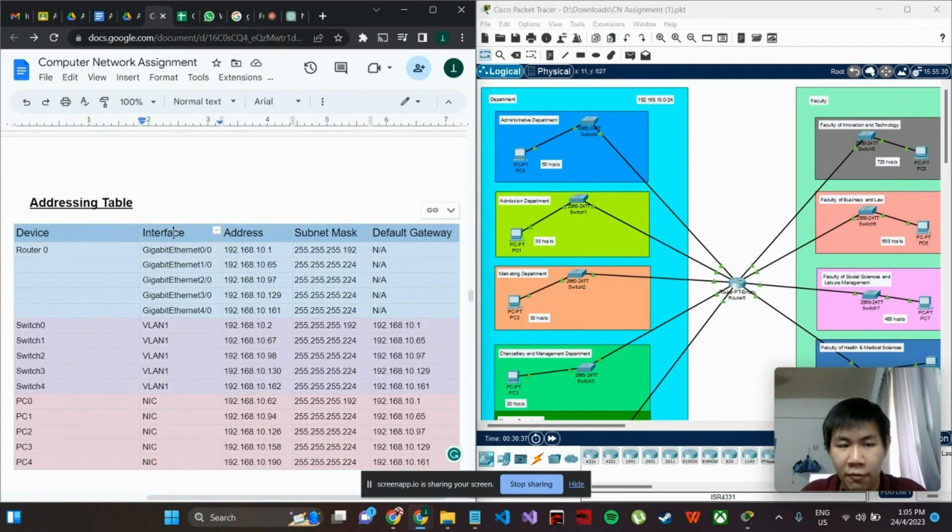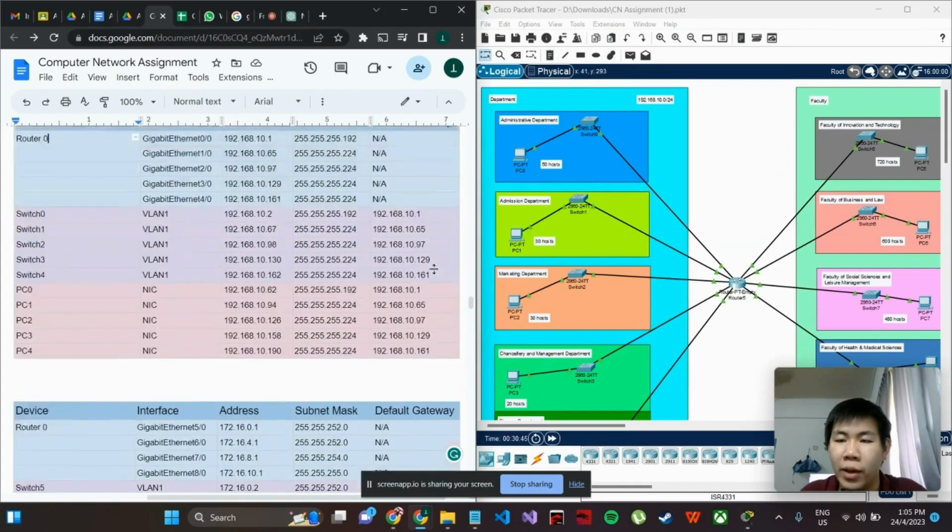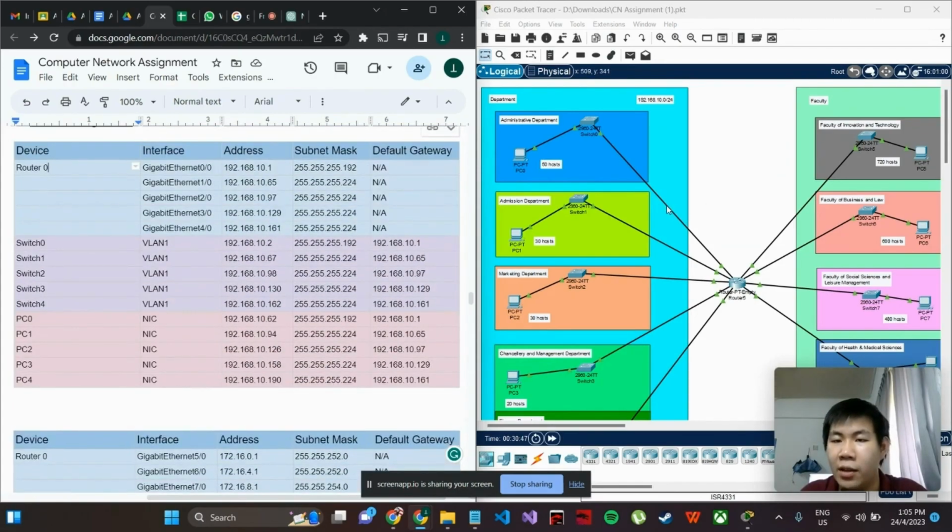Then we have the interface. For the router, we have the gigabit ethernet 0/0, 1, 2, 3, 4 until 8, which is this line connecting the router and the switch. For the switch, we will use VLAN 1, or the same to connect to the PC.